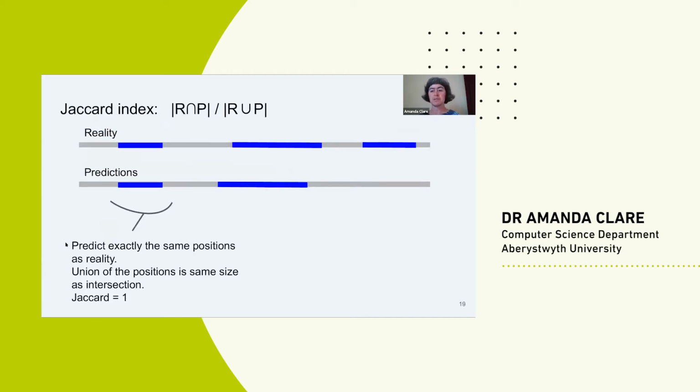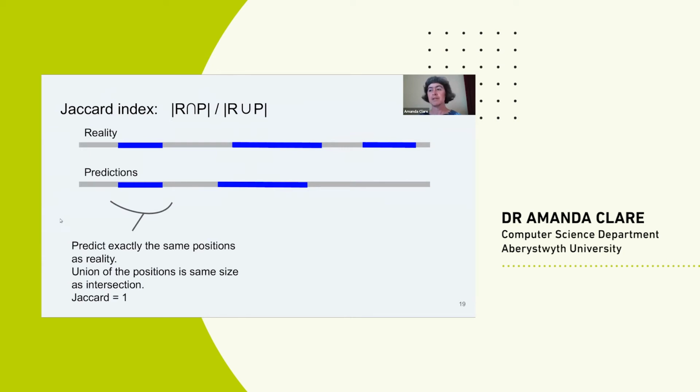For example, a very trendy one in bioinformatics at the moment is the Jaccard index, which is the ratio of the intersection of 2 sets divided by the union of 2 sets. So for any 2 sets, we're looking at what they share, what they both have, divided by what they have between them, as a measure of how similar they are.